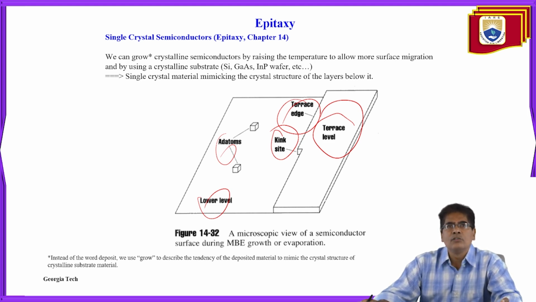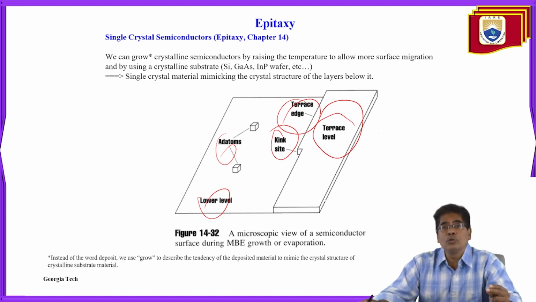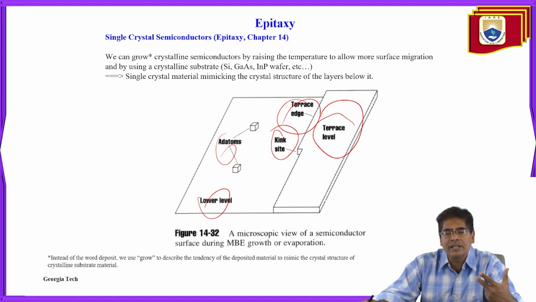Instead of the word deposit, we use grow, because growing describes the tendency of the deposited material to mimic the crystal structure of the crystalline substrate material. That's why we use the word grow instead of depositing.